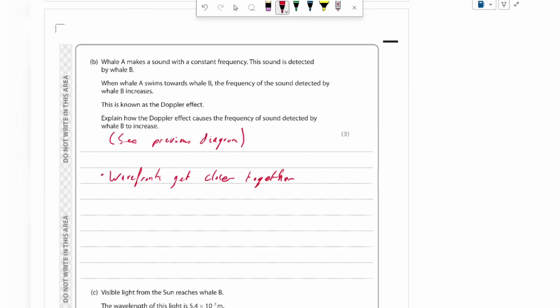The speed of sound stays the same. This leads to higher frequency heard by whale B.